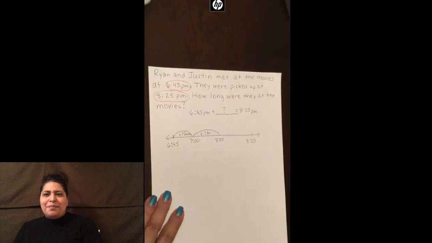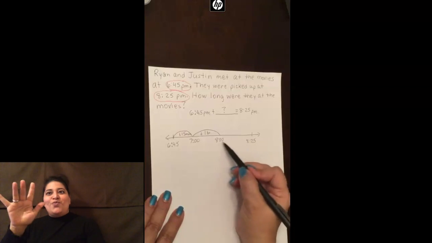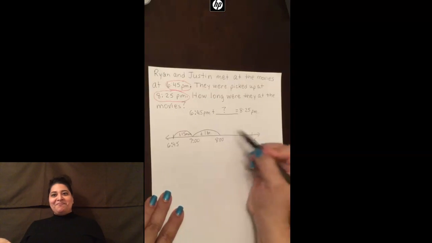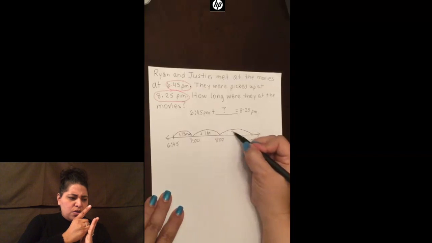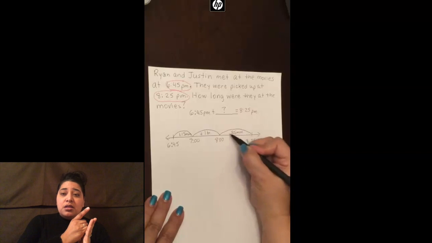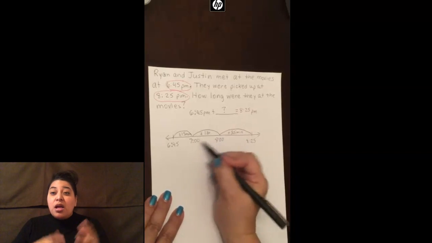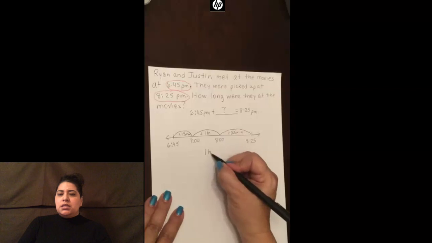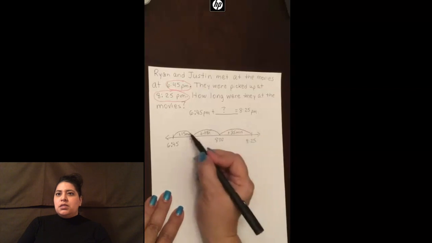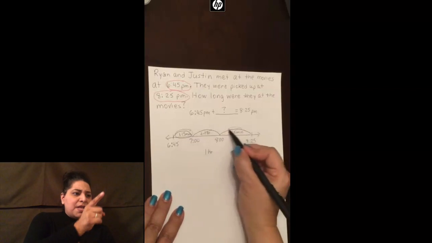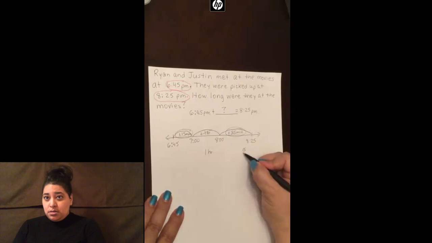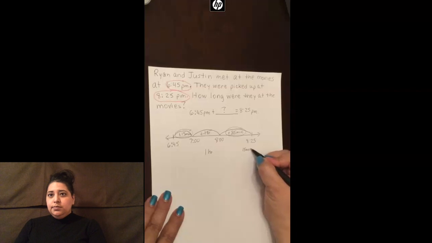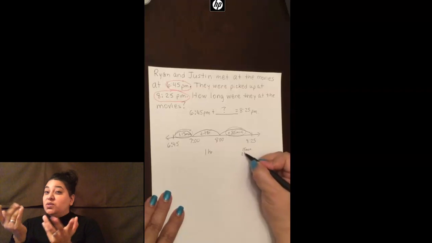And then it's easy for me to see that the time between 8 o'clock and 8:25 is just going to be, that's right, 25 minutes. So then I'll take my hour that I have here, and I'm left with my two amounts of minutes, 15 minutes and 25 minutes.